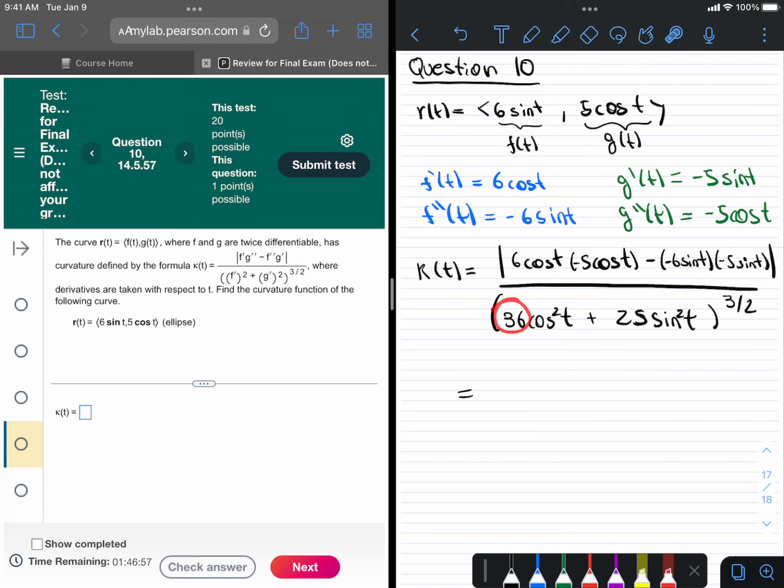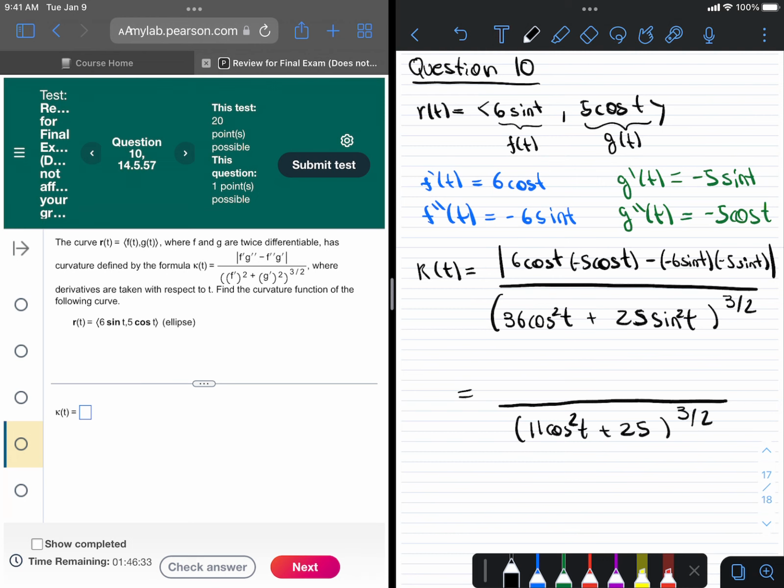Maybe you could write this 36 as 25 plus 11 and put the 25 cosine together with the 25 sine squared to maybe get, at the bottom, an 11 cosine squared t plus 25.